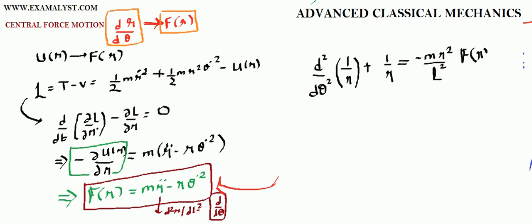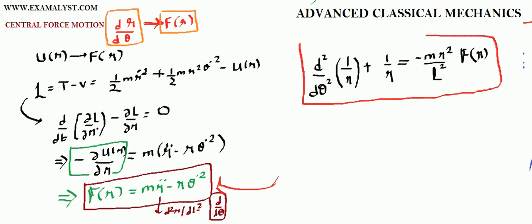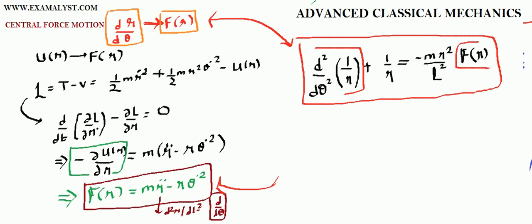Understand this. This is the final equation that we wanted to derive, because this equation is a relation that we wanted. Somehow we have connected the derivative of r with the force.